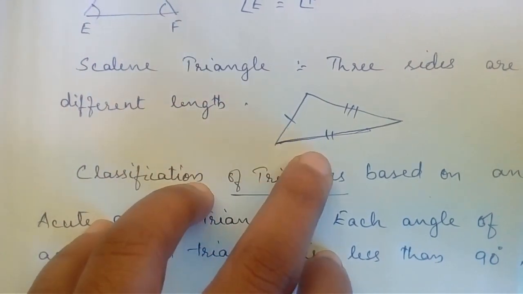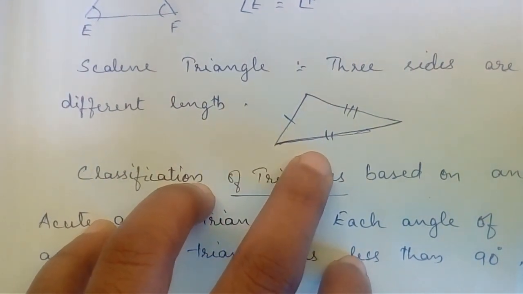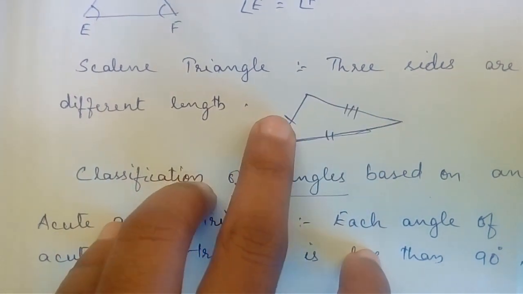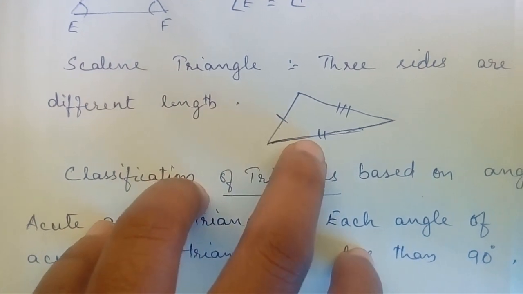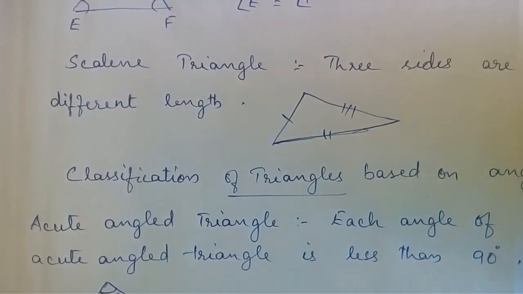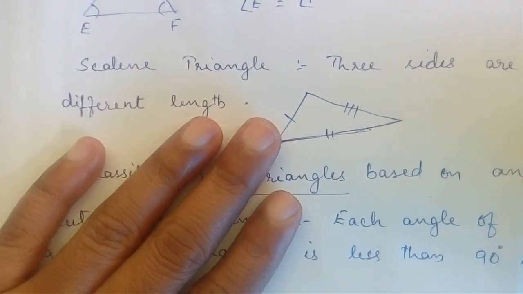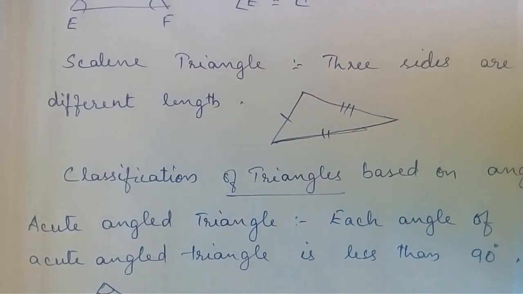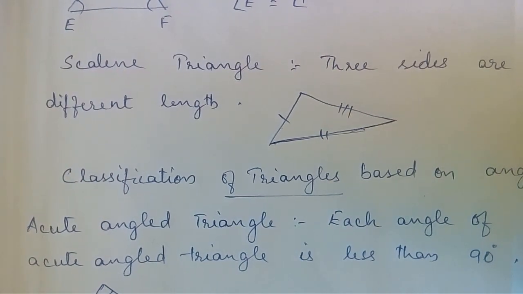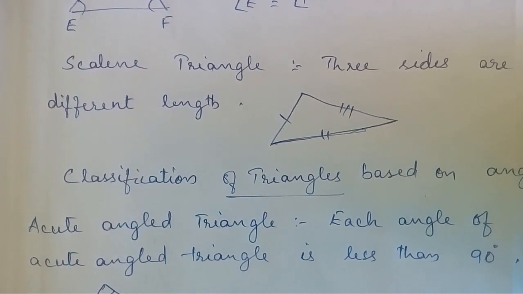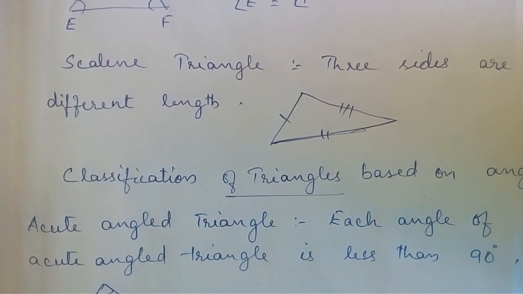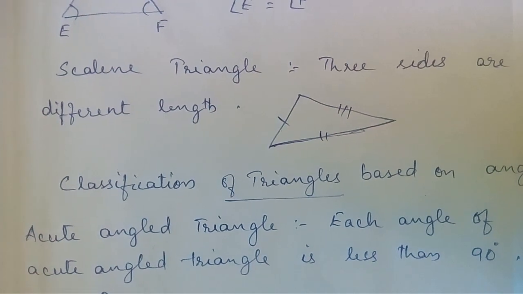In the scalene triangle, three sides having different length. For denoting that, I gave one marking. Here two lines can be marked here. Three lines are marked here. So it means three sides having different length. Okay. So according to the classification based on sides, which means the length of the side, we can say equilateral triangle, isosceles triangle and scalene triangle.